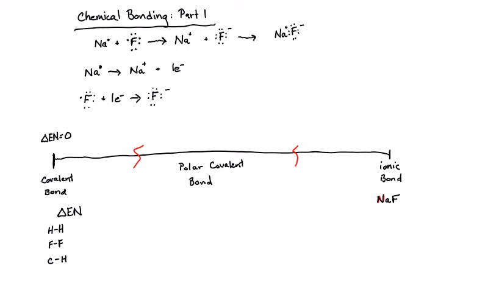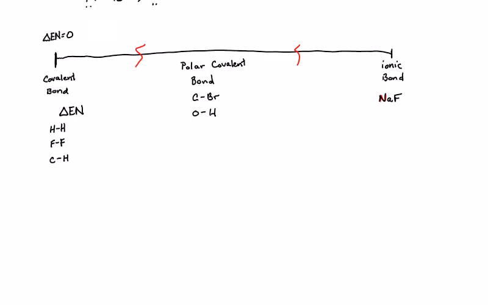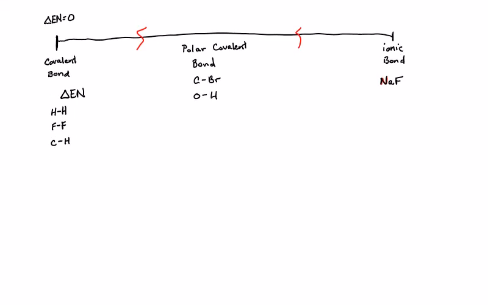When we start seeing things like maybe a carbon-bromine bond, now that's going to be a more polar covalent bond, or an OH bond. Now we can actually look up values of electronegativity on the periodic table, but there's some general trends that we can make use of that make our life a lot easier. So let's look at that.